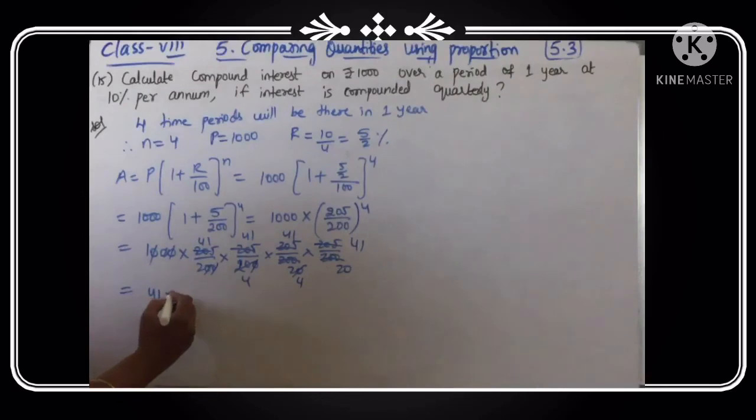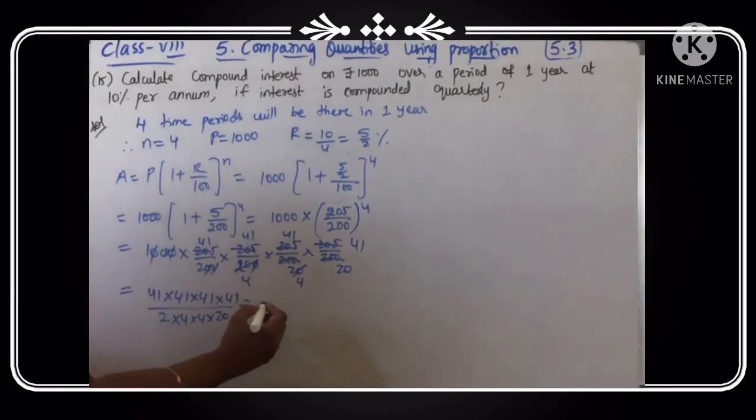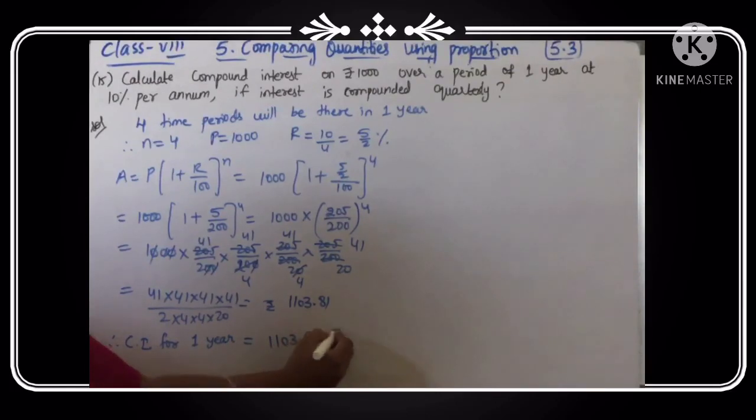So 41 into 41 into 41 into 41 by 2 into 4 into 4 into 20, when you do, you will get 1103.81. Therefore, compound interest for 1 year is nothing but 1103.81 minus 1000.